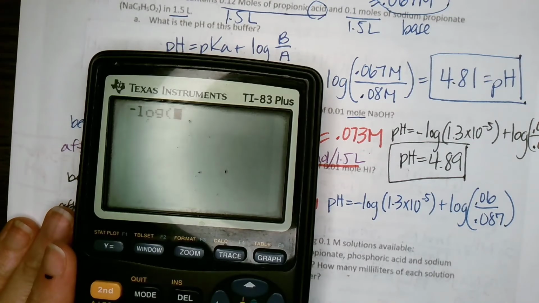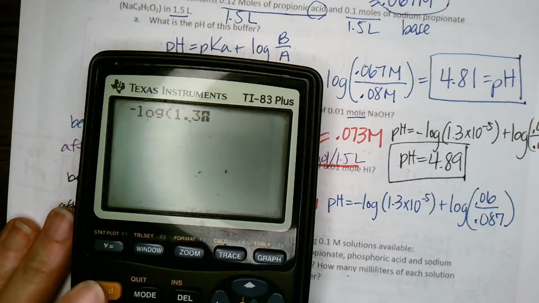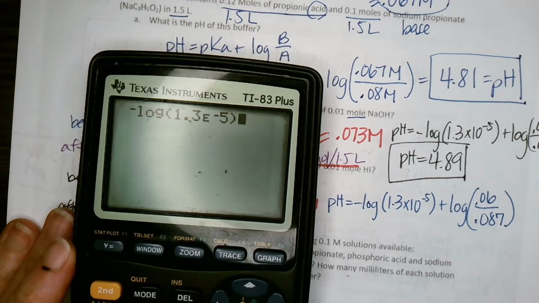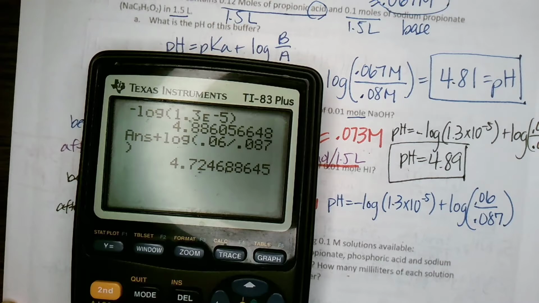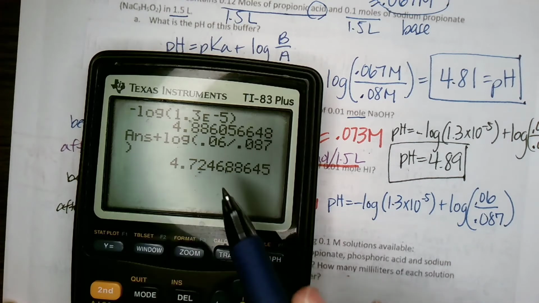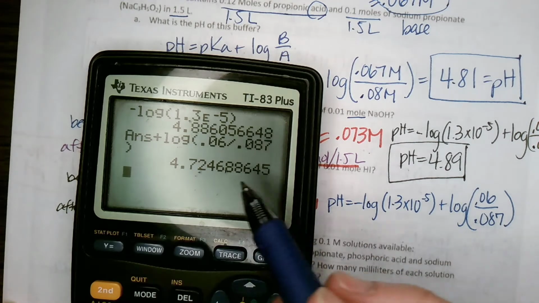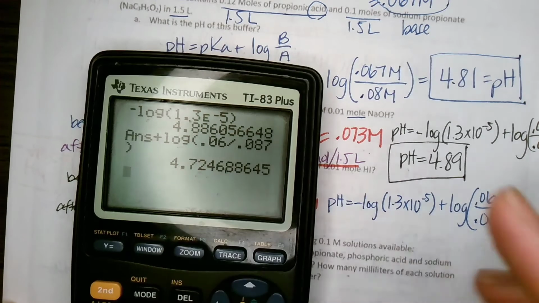Negative log of 1.3 times 10 to the negative 5 plus the log of 0.06 divided by 0.087. We got a pH of 4.72, almost 4.73, but 4.72.